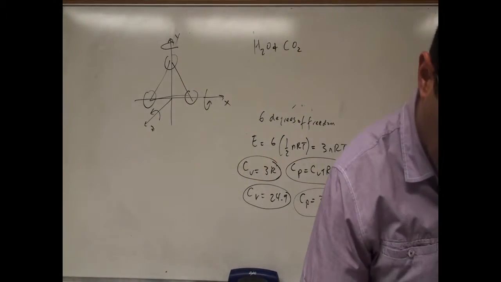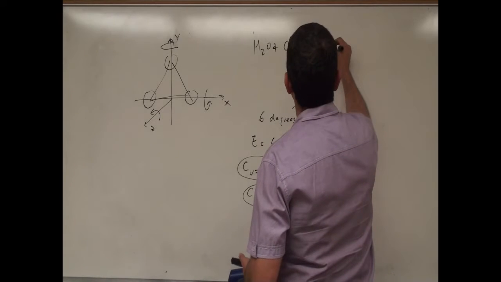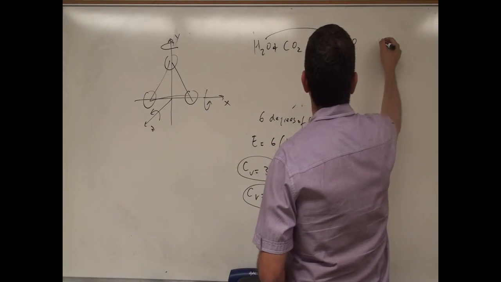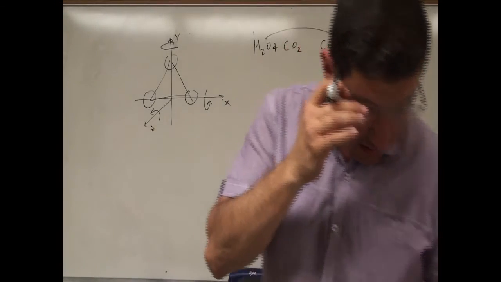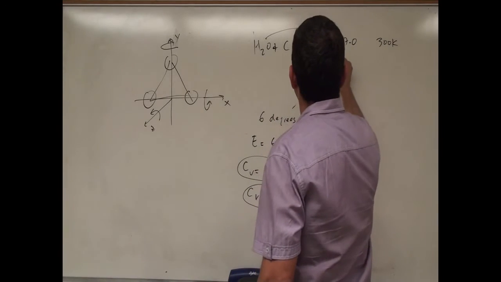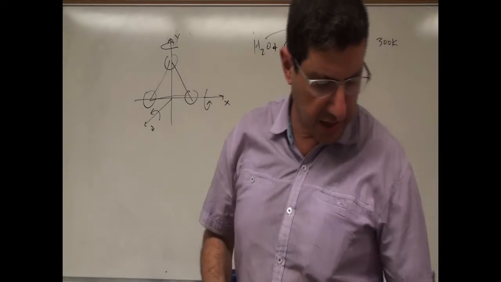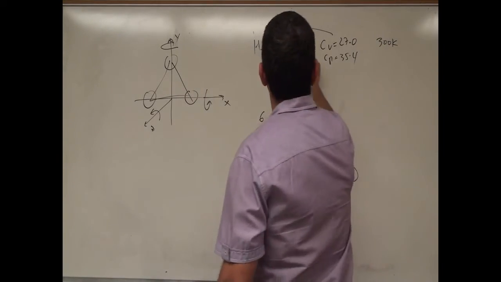Now if we look at the real results for water, the Cv is equal to 27.0, at a temperature of 300 Kelvin, and then the Cp is equal to 35.4. Okay, and then for carbon dioxide, the Cv is 28.5, right?